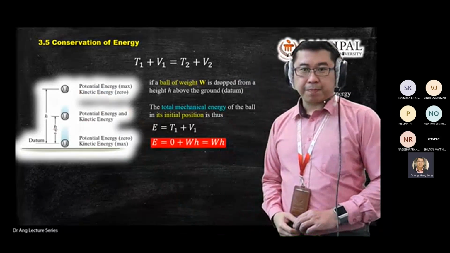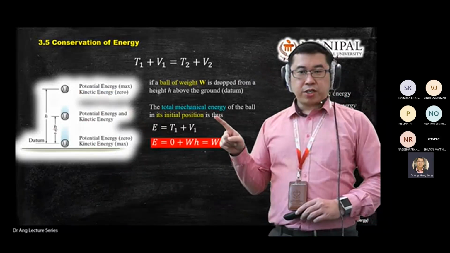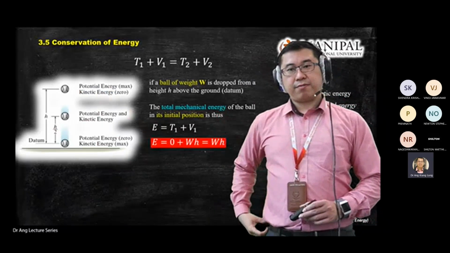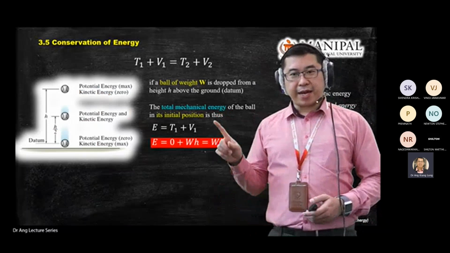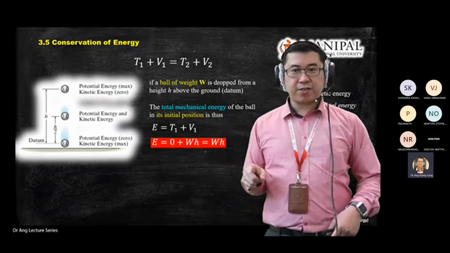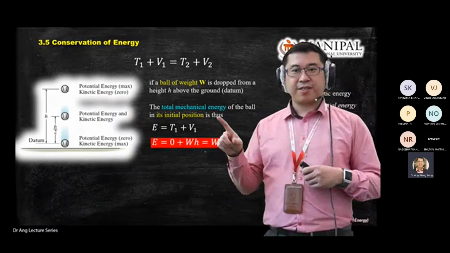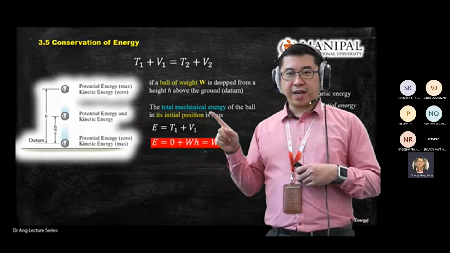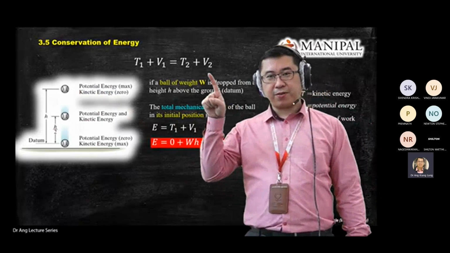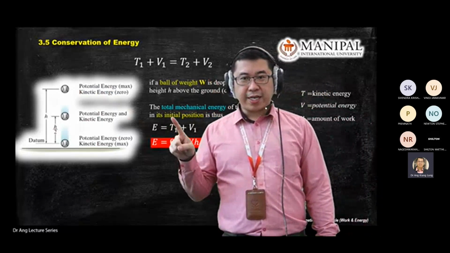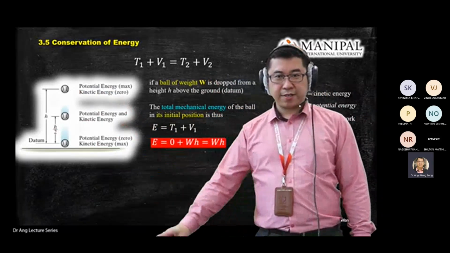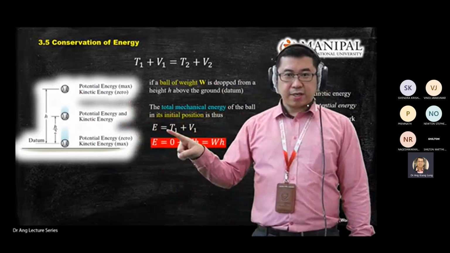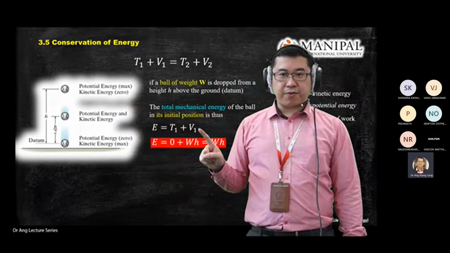So the total mechanical energy, another hint in the question: it will ask you to determine the total mechanical energy in the system. That means you straight away use this equation. So at the initial position here, E equals T1 plus V1.